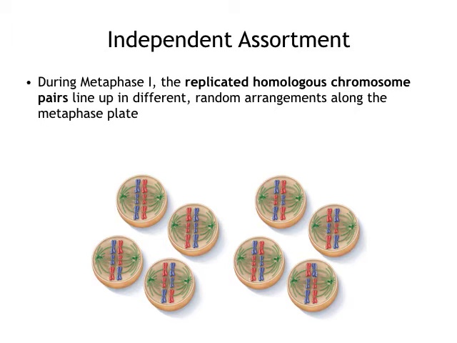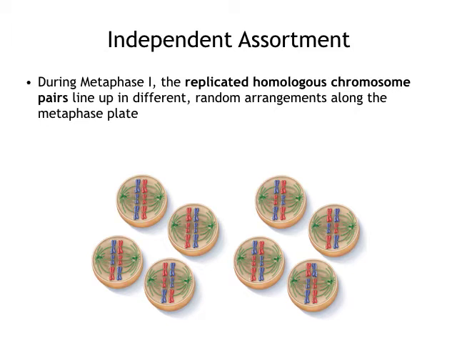And the thing is that when they line up, they don't have to be in a certain order. There's not one arrangement that they have to take. For example, if you look at the first cell here, it's not that all of the blue ones have to be on the left and all of the red ones on the right.